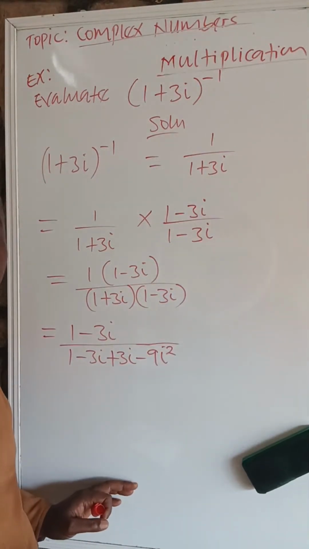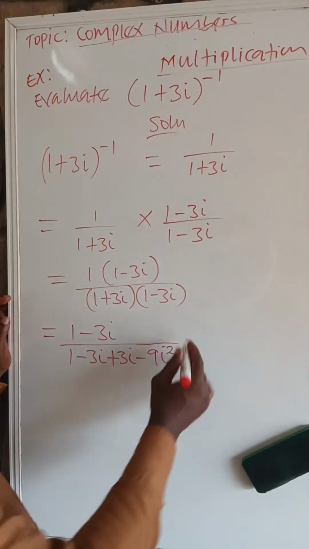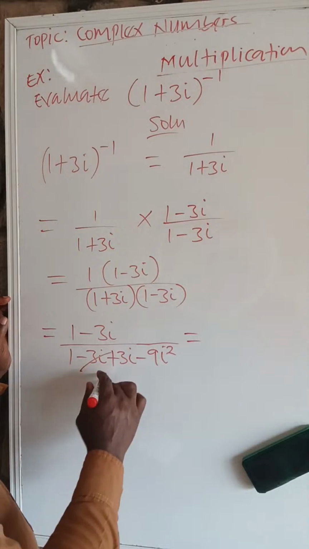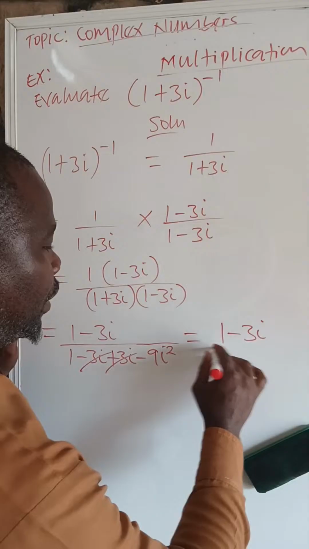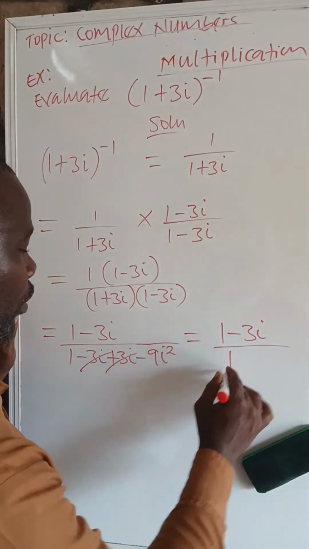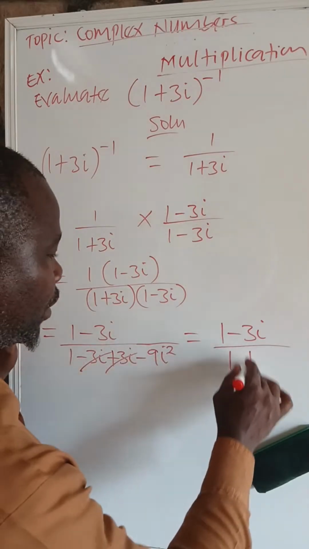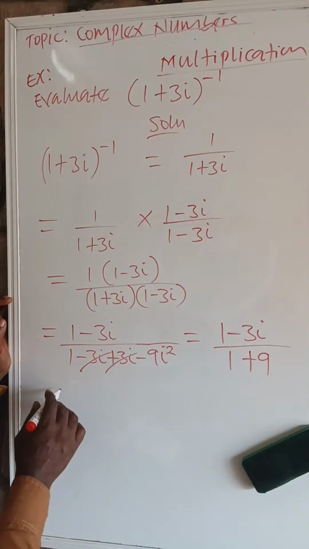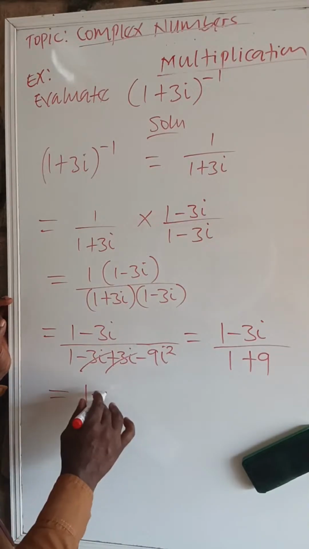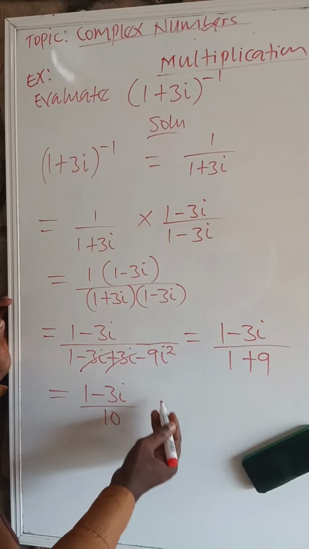Are you following? Any question? No question, so we can proceed. The minus 3i and plus 3i cancel. We have 1 minus 3i all over 1, and i squared is minus 1, so minus times minus is plus 9. So here will now be 1 minus 3i all over 10.